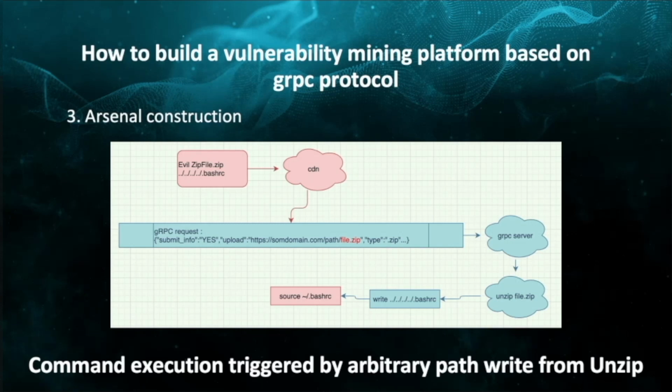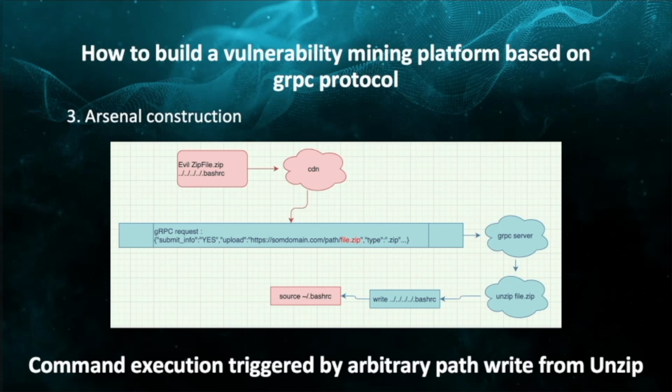The next case is an interesting vulnerability in history. The cause is a zip file that can be downloaded remotely from the URL. When we found this request, we tried to replace it with a zip file with a directory traversal vulnerability on the CDN, and replaced this link into the gRPC request.